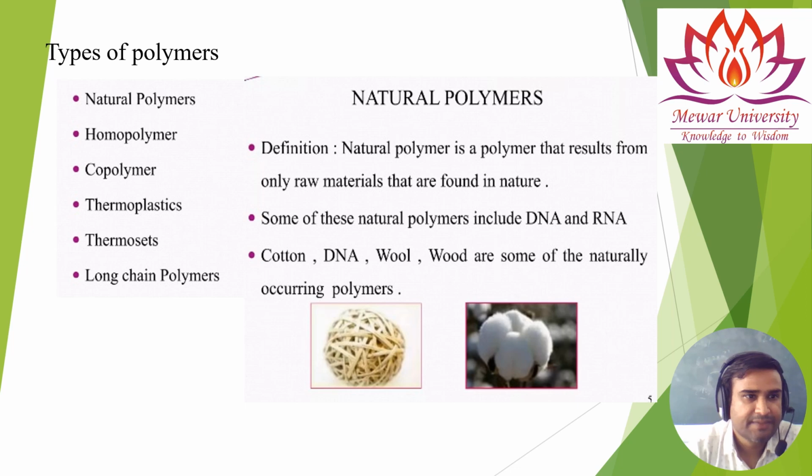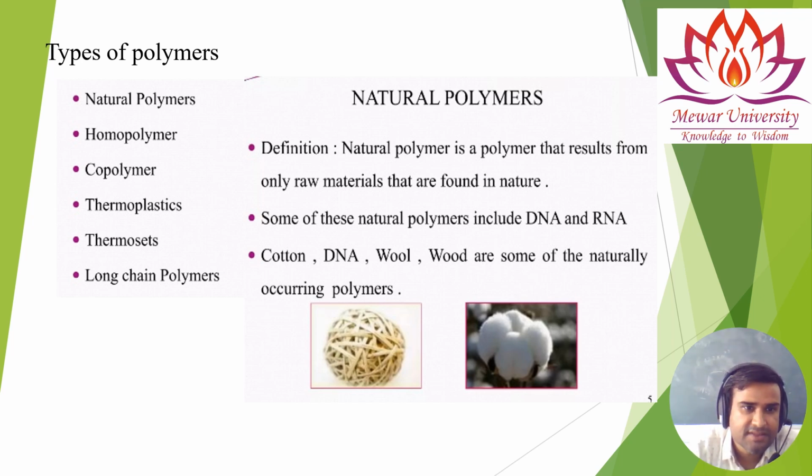Now, the types of polymers are: natural polymer, homopolymer, copolymer, thermoplastic, thermosets, and long chain polymer. The natural polymer is the kind of polymer that is naturally occurring. A natural polymer results only from raw materials found in nature.